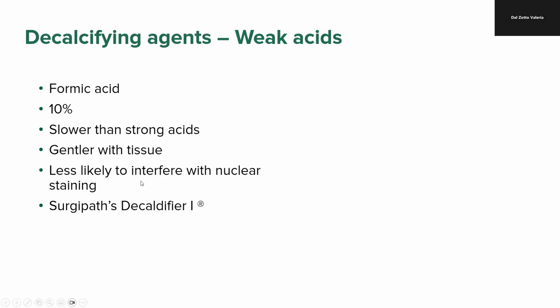And it's less likely to interfere with the nuclear staining, so we are not going to be macerating the tissue if we leave the specimen a little longer with weak acids. And in our lab, it's called Surgipath Decalcifier 1.